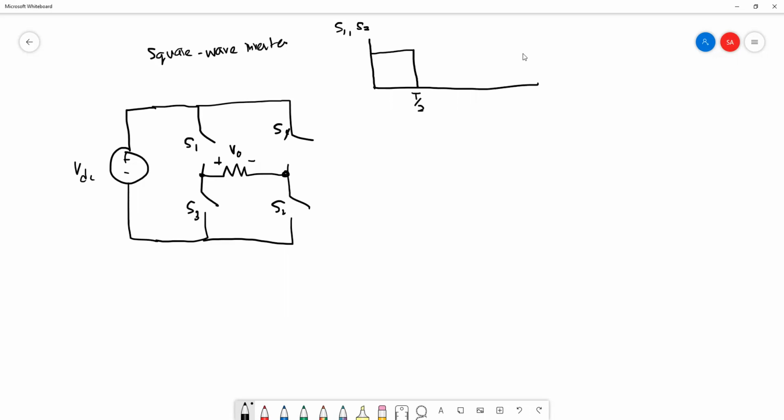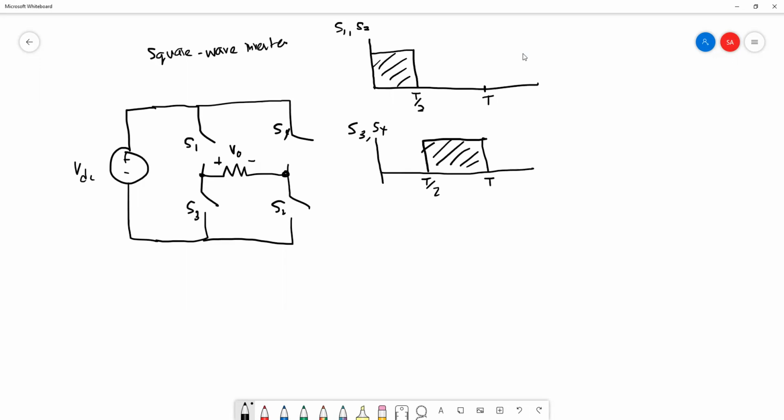You must turn them on for half a period, and for the other half period, S3 and S4 will turn on. This is the signal that you must give for your switches. S1 and S2 must be given the same signal, and also S3 and S4.